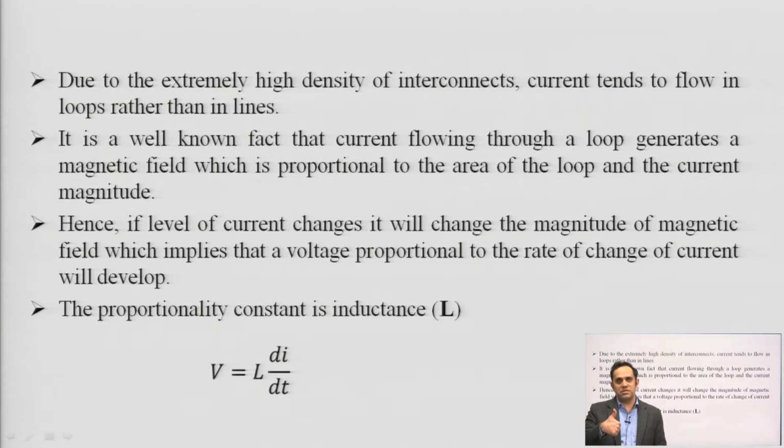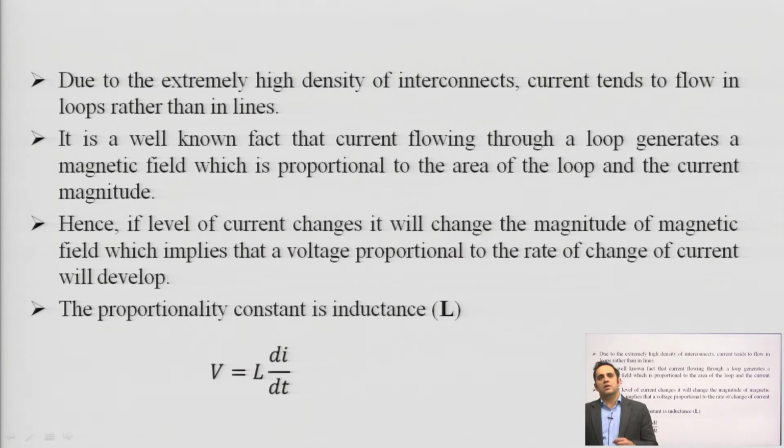If the thumb is the conductor, the direction of the fingers tells you the direction of the magnetic field. Now, this magnetic field tries to oppose the source which produced it. The source which produced it was the current passed through the conductor, and the magnetic field, in an opposite reaction, develops a back EMF, which tends to oppose the current.